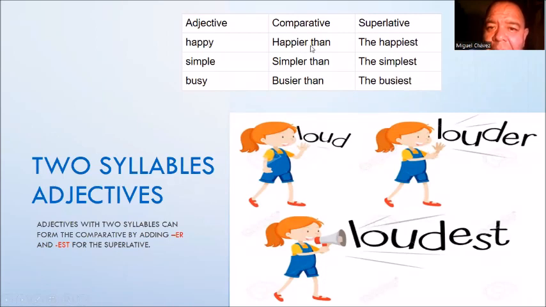Happy, happier than. The superlative, the happiest. Remember that for the superlative, we use the article the before the adjective. Simple, simpler than, the simplest. Busy, busier than, the busiest.